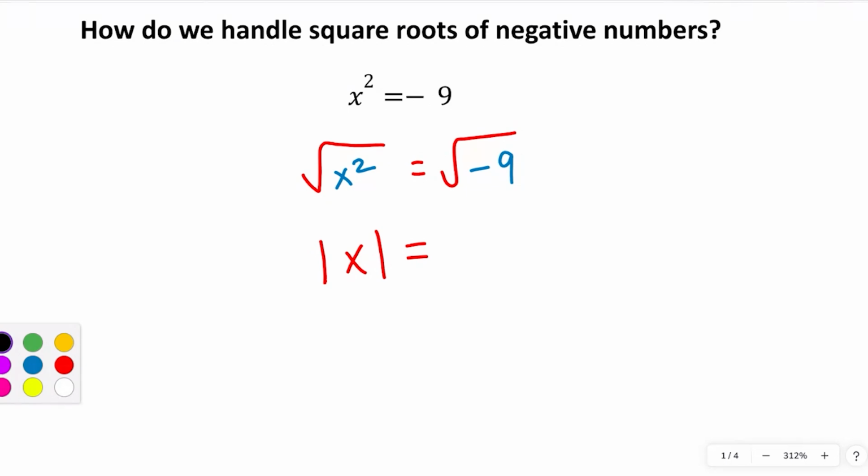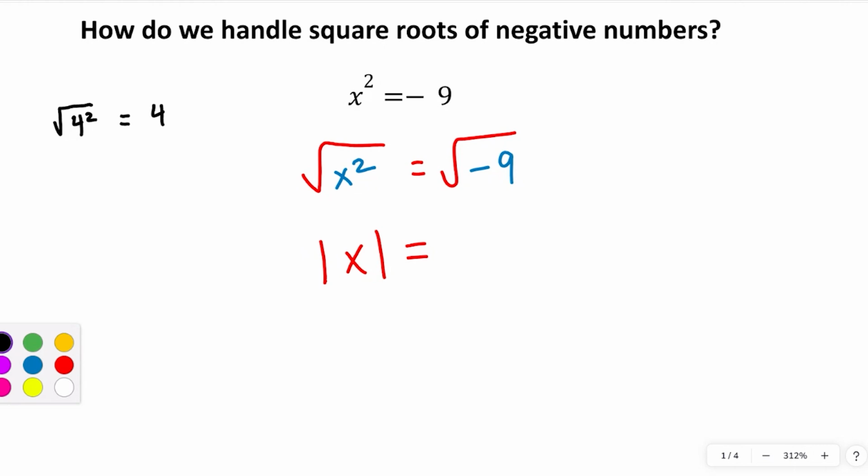So what I want you to do is in your head, try to calculate these values. What is the square root of 4 squared? All right, let's see if you can come up with that. Well, what's 4 squared? Yeah, that's 16. And what's the square root of 16? Don't think too hard. 4, yeah, 4.